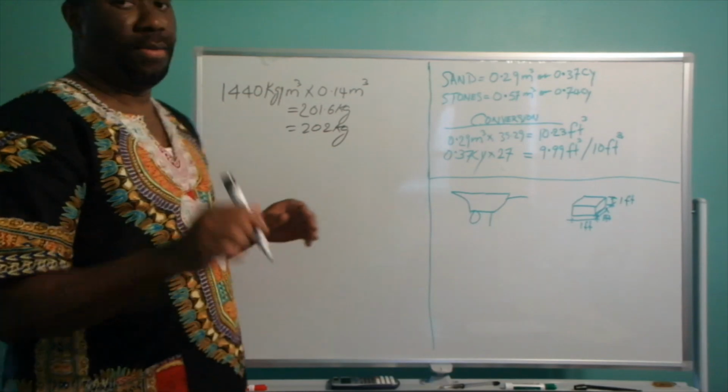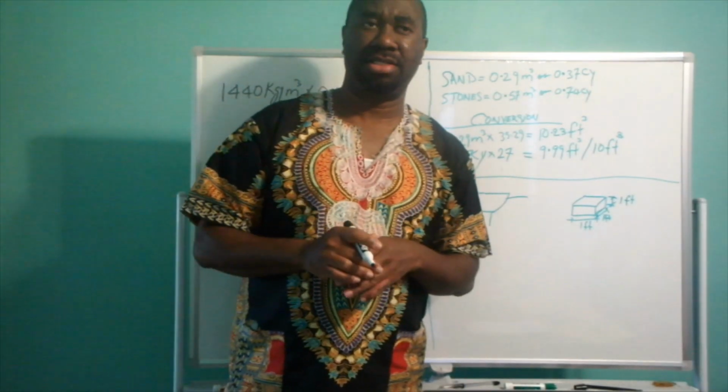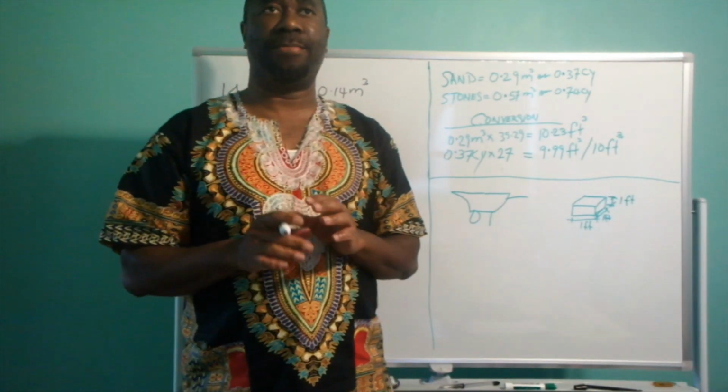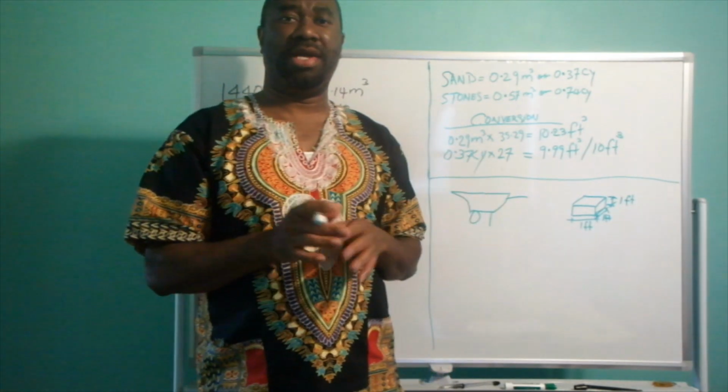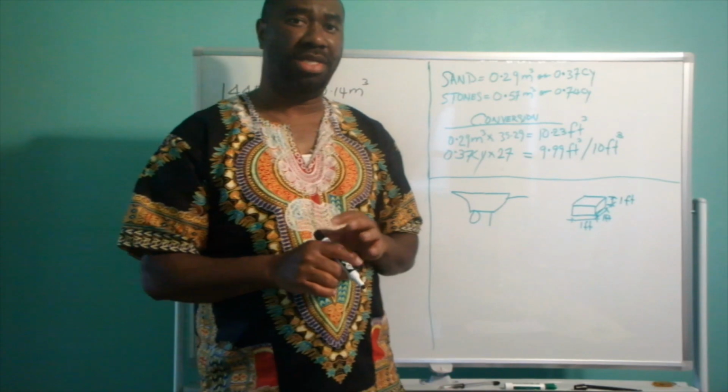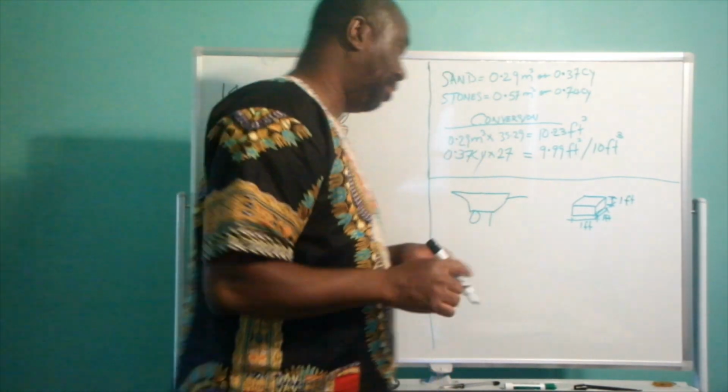Now, a bag of cement weighs 94 pounds from what I can remember, and the equivalent of that 94 pounds is 42 kilograms.